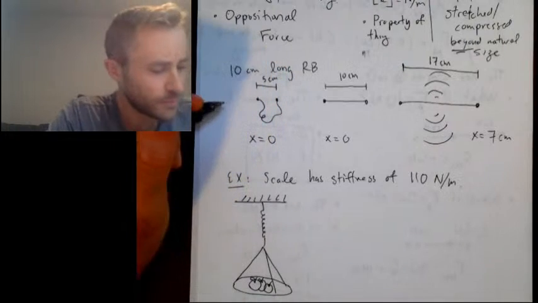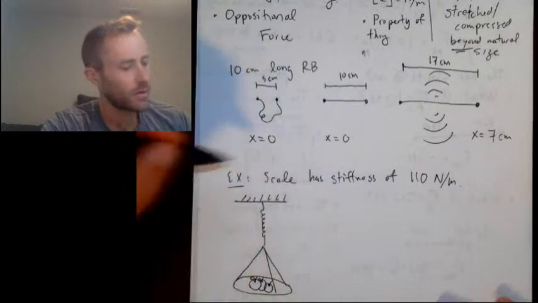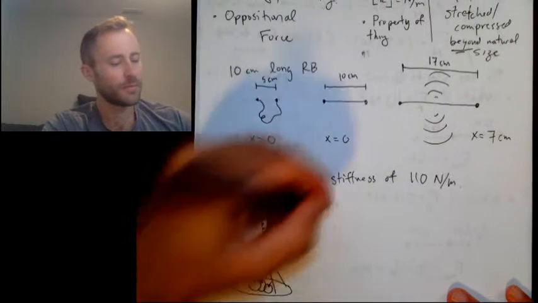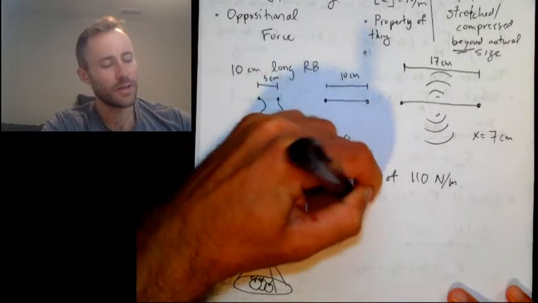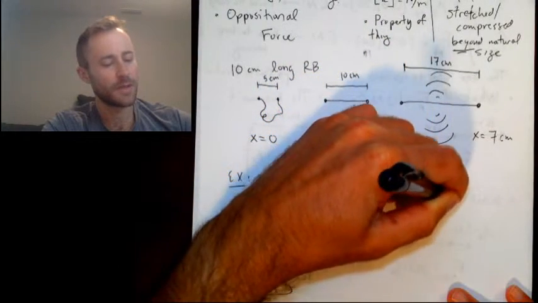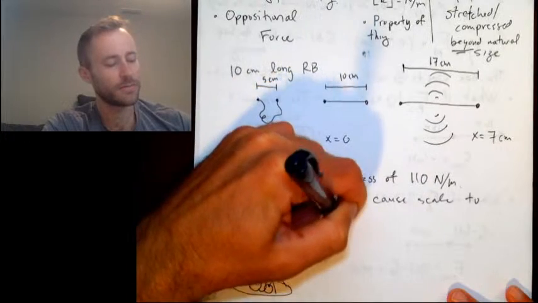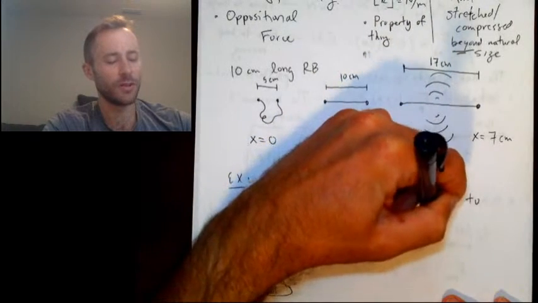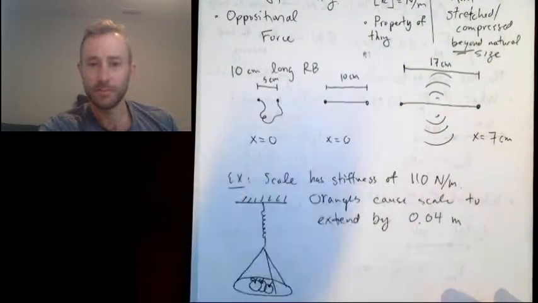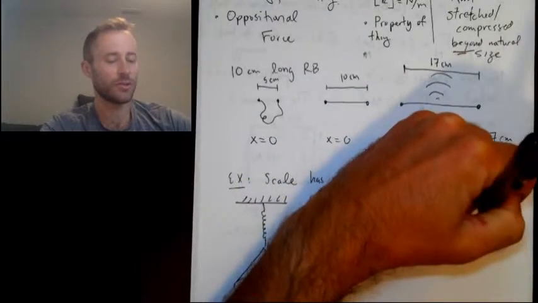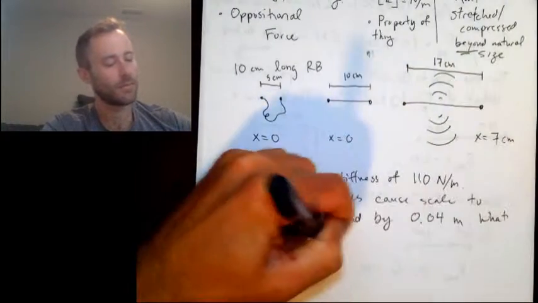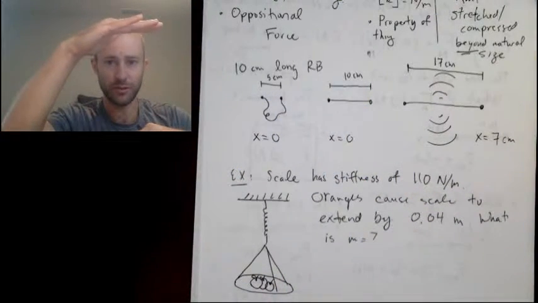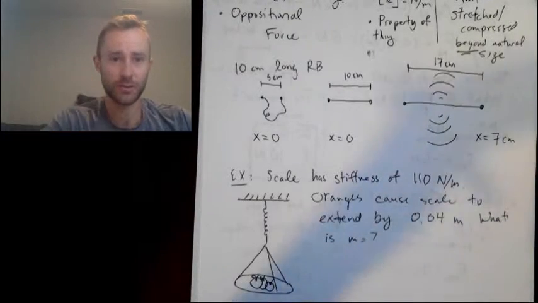When you put the oranges on the scale, the oranges cause the scale to extend by 0.04 meters. What is the mass of the oranges? So this is how a scale works. Depending on the amount that it stretches, we can determine how much mass was put on it.